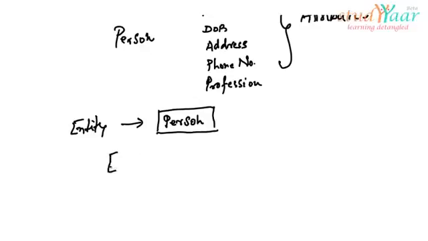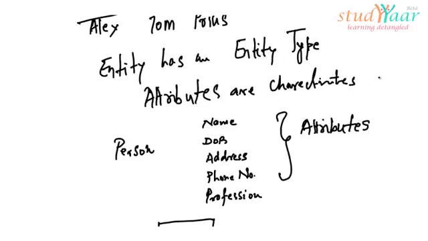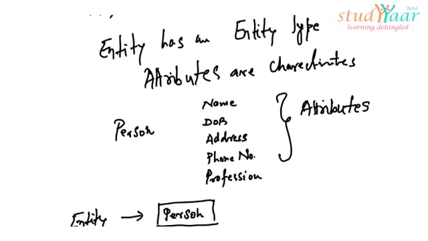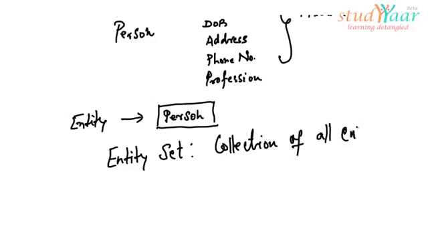Let's introduce a new term here. We talked about what entity type is, right? Yes, we talked about how an entity has an entity type, which is the specification of that entity. Let's talk about entity set. An entity set is the collection of all entities having the same entity type.